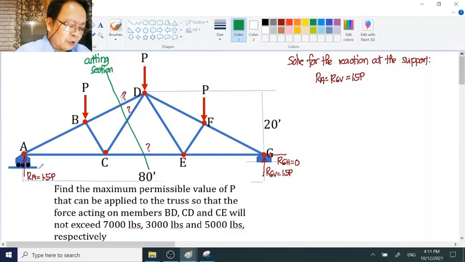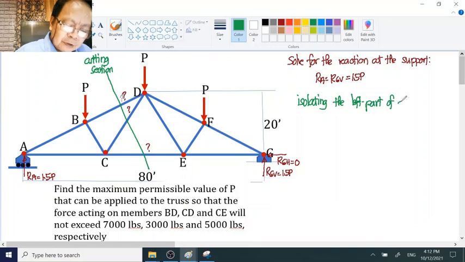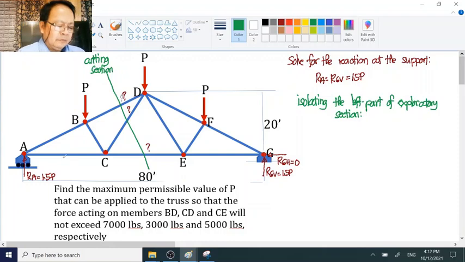Ano? So if we're going to consider isolating the left part of the exploratory section, ang gagawin natin ngayon ay kukunin natin itong bahagi at i-isolate natin siya as the free body diagram.